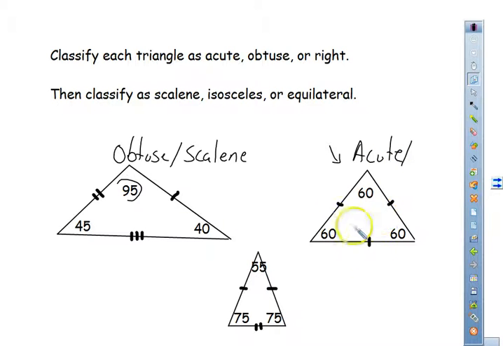And we look at these lines, and since they are all ones, that means that they're all congruent. So it is an equilateral triangle. Go ahead and hit pause and solve this last one.